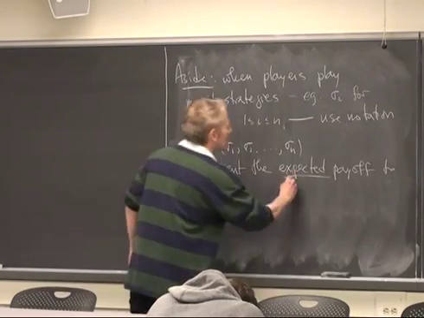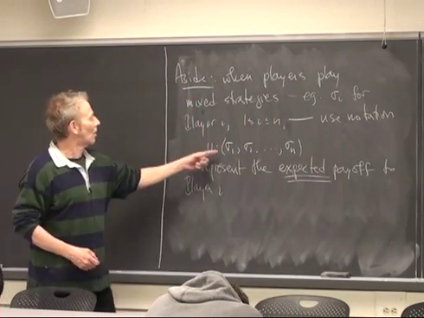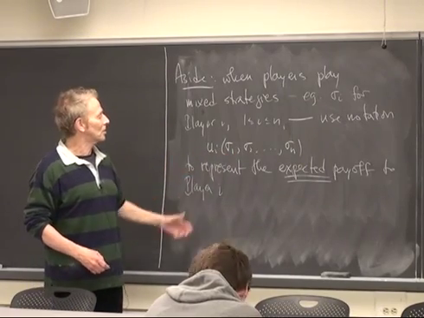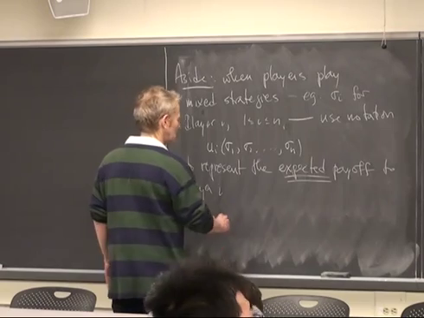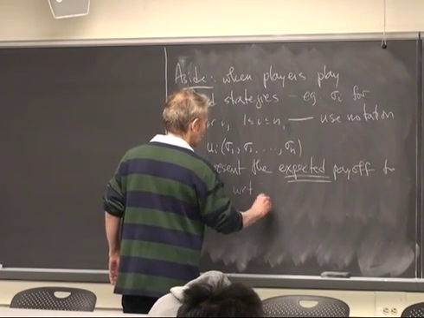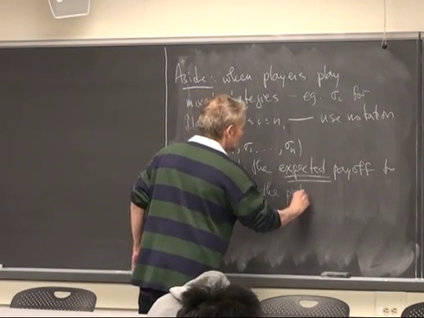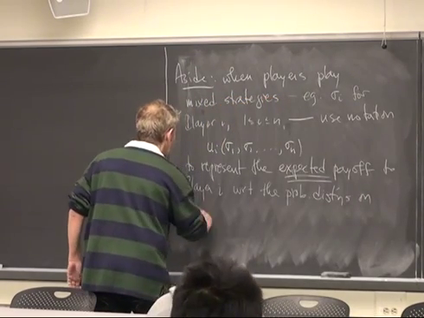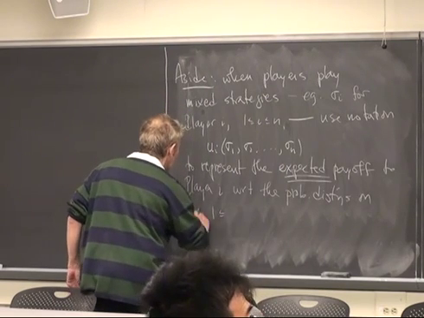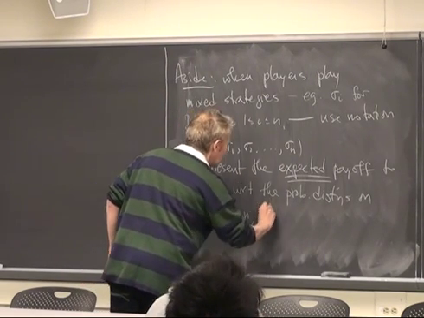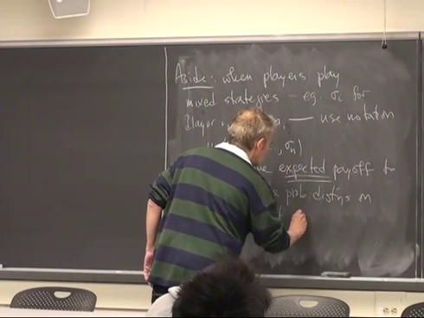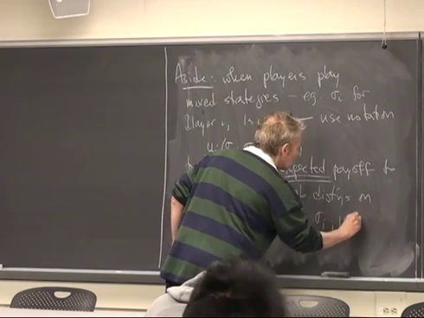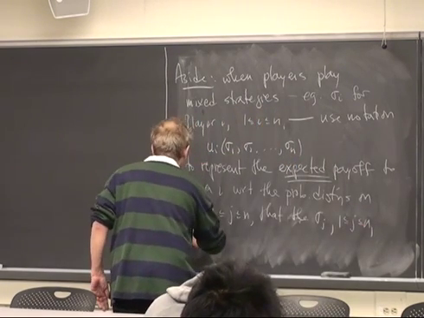The expectation is taken over all the probability distributions on all the individual action spaces A sub j, 1 less than or equal to j less than or equal to n, that the sigma j induce.